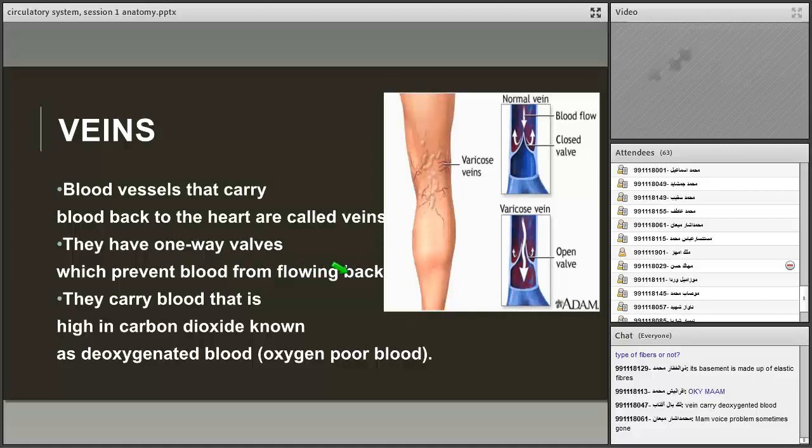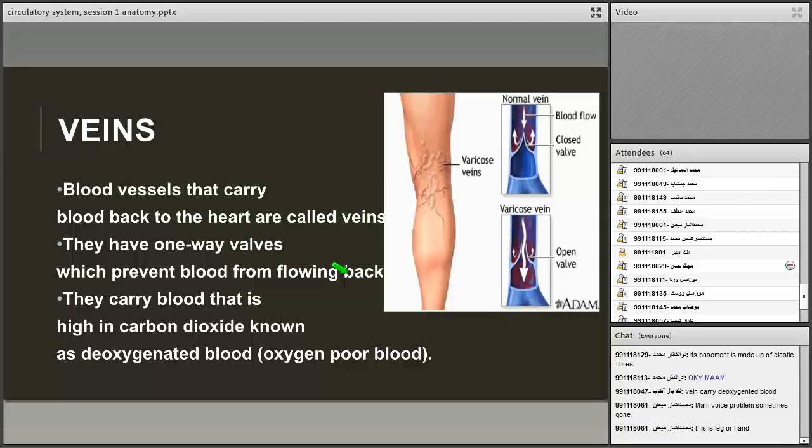They have one-way valves which prevent the blood from flowing backward. They carry the blood that is high in carbon dioxide, known as deoxygenated blood, oxygen-poor blood.